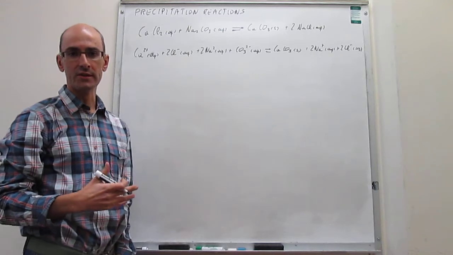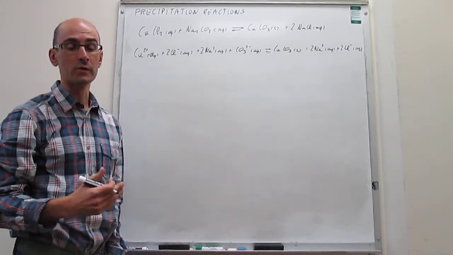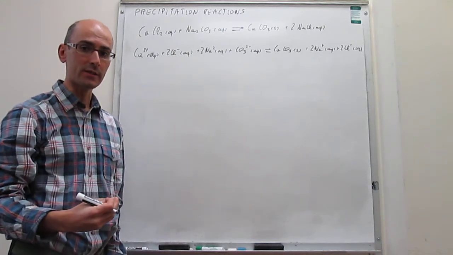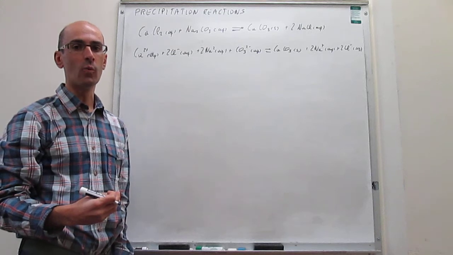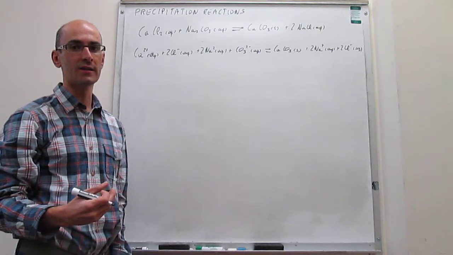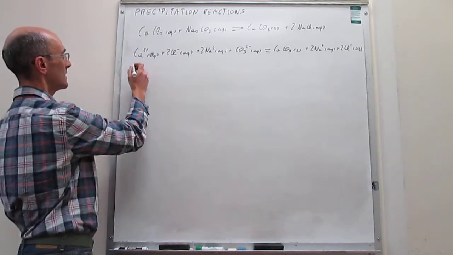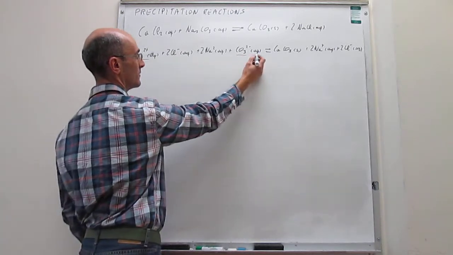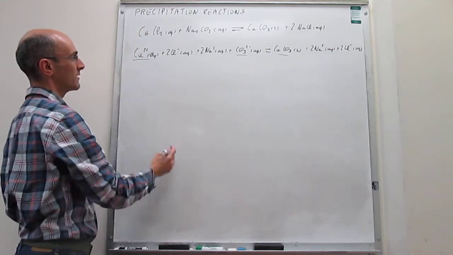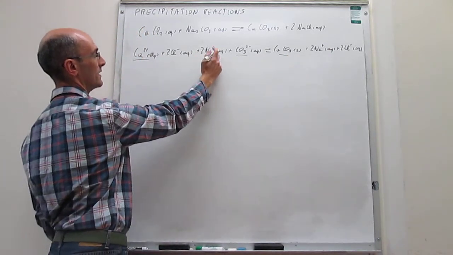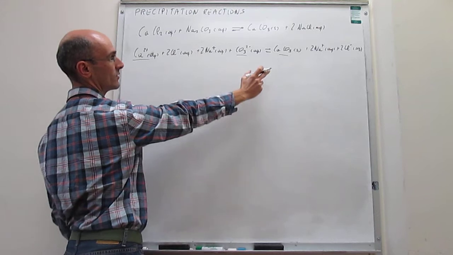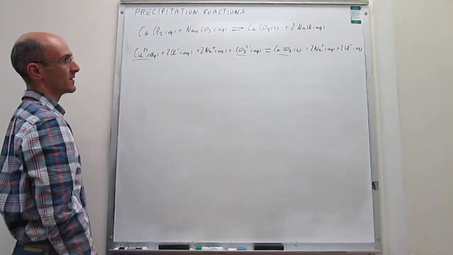And then to actually understand what really is going on, you take a look at the complete ionic equation and see which of the species are changing from reagents to products. Right, so we can see that calcium and carbonate are different in reagents and products, but chloride and sodium are exactly the same in reagents and products.